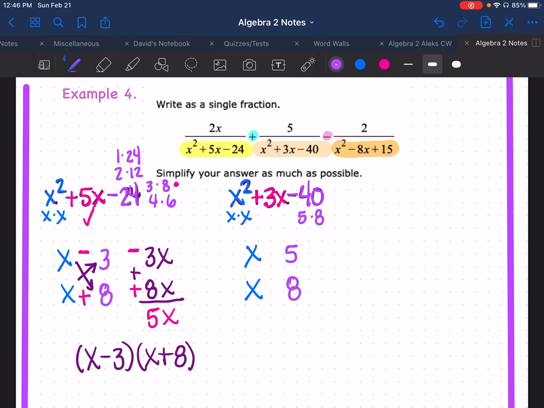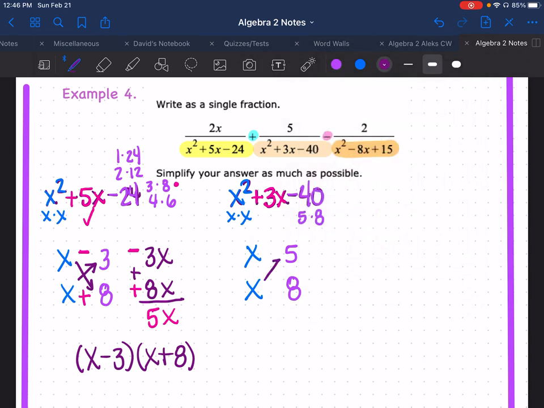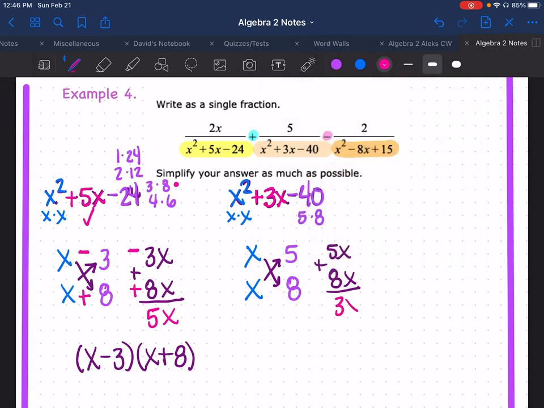I mean, if 8 and 3 becomes 5, wouldn't 5 and 8 become 3? I think so. And yep, we can make this become 3x if we subtract the 5 from the 8. So minus and plus.